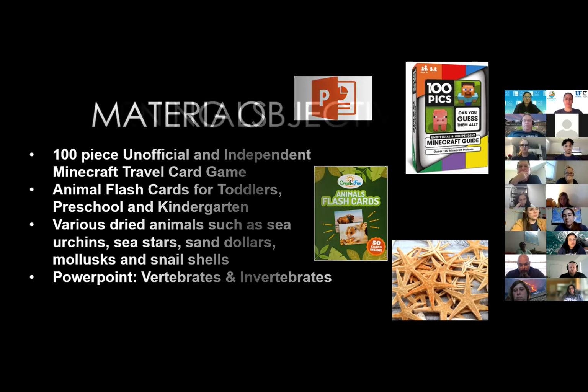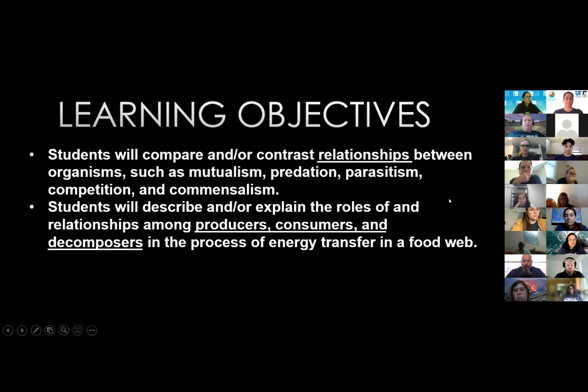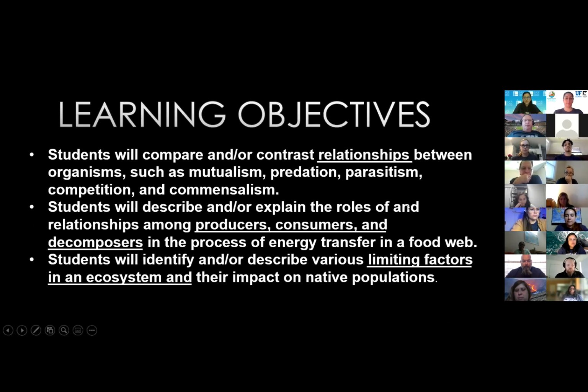So my objectives. I want to show the relationship between organisms, such as symbiosis, producers and consumers and decomposers, limiting factors in the ecosystem, especially in the coral reefs and the mangroves of Florida.